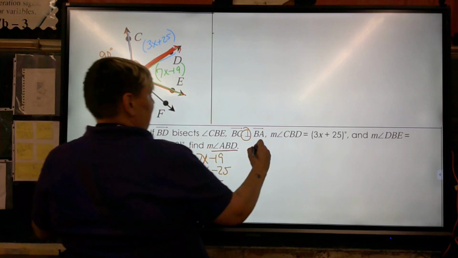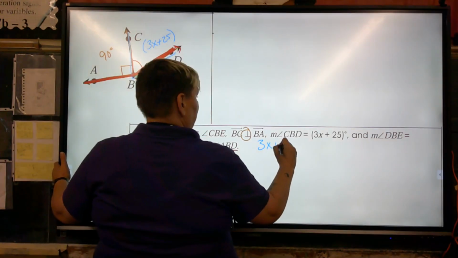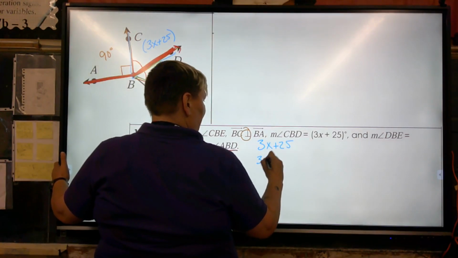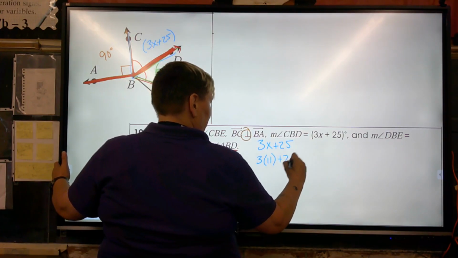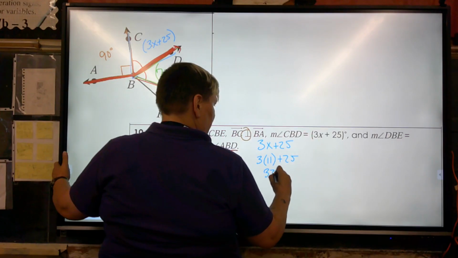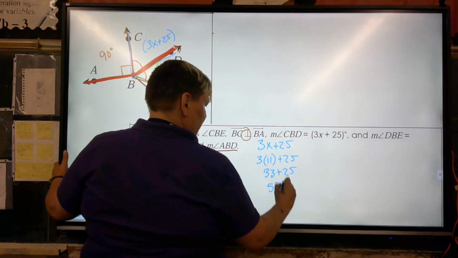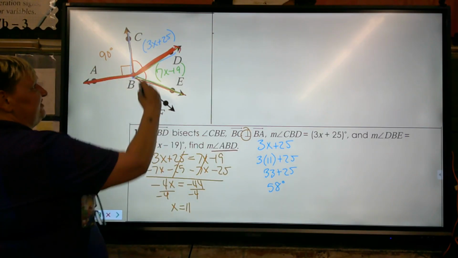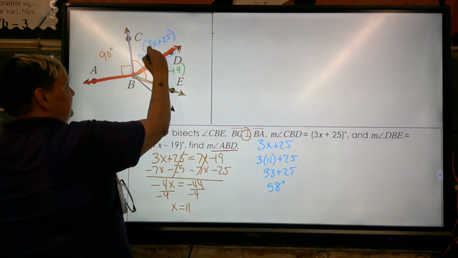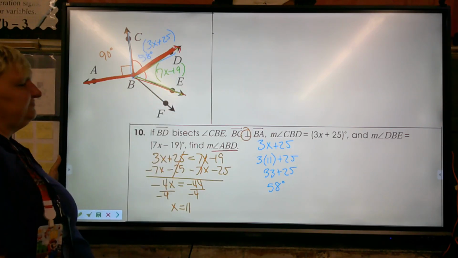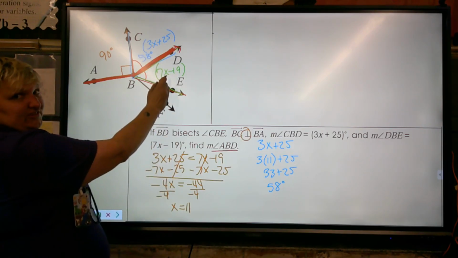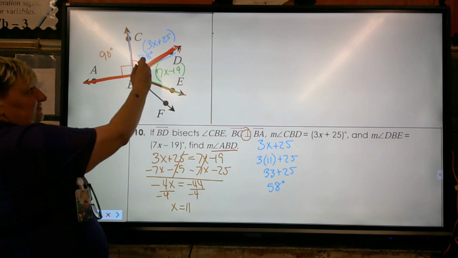All right, so CBD is 3x plus 25. But now we know that x is 11, so 33 plus 25 is 58 degrees. So now we know this is 58 degrees. If they asked us, could we tell them what this one was? Well, they're equal.